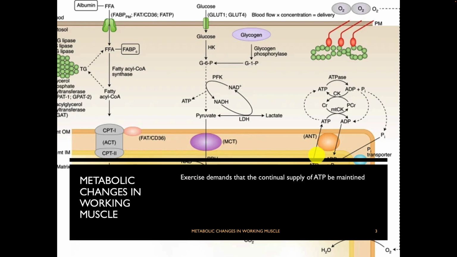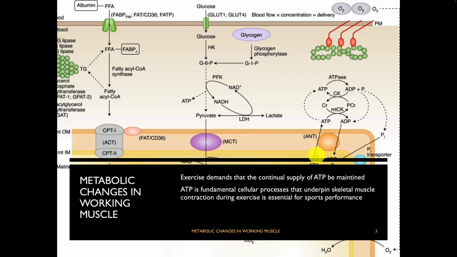As you guys are very aware, exercise demands that we have a continual supply of ATP, and it has to be maintained. If it's not maintained, we know that we can't have muscle contraction at the molecular level. So when we're talking about myosin and actin, obviously if there's an absence of ATP, or a high level of ADP or AMP, that is going to inhibit contraction or slow contraction down.